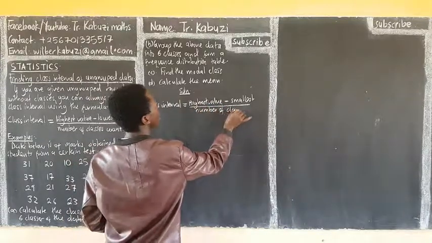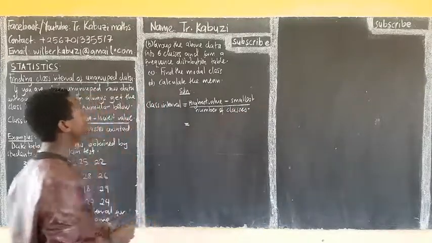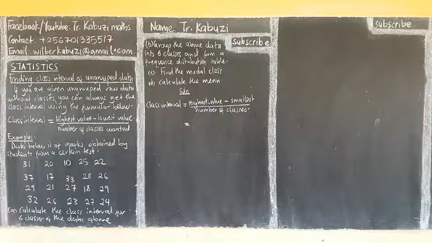Now, when you note here, you go into your data and then what is the highest value? The smallest value, first of all, is this. Then the highest value, you look through the data and see which is the highest value. So the highest value is this. Now, you get their difference.